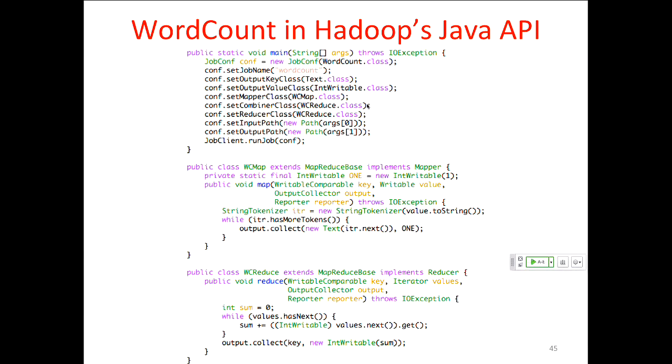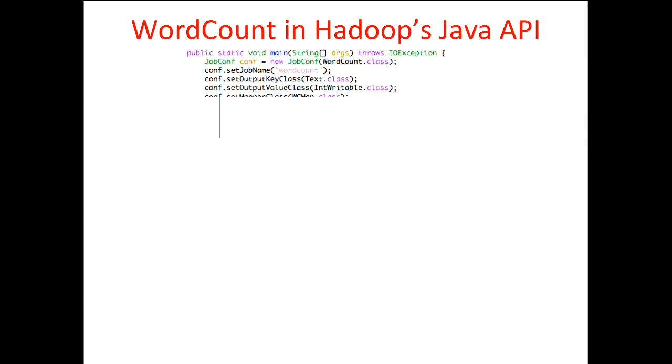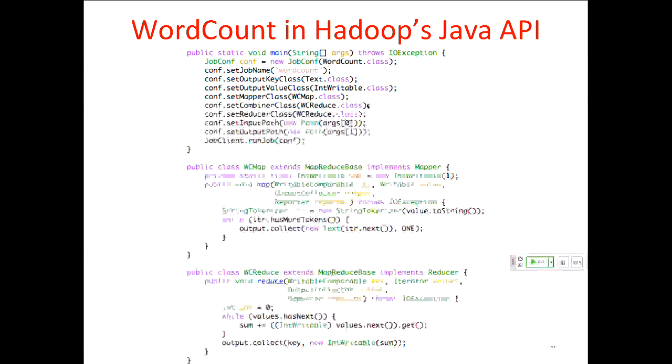Now, this is a MapReduce implementation. This is a word count in the Hadoop Java API. It's very tedious to write MapReduce using Java APIs here, right? In pseudocode it was very simple, but now it's very complex.